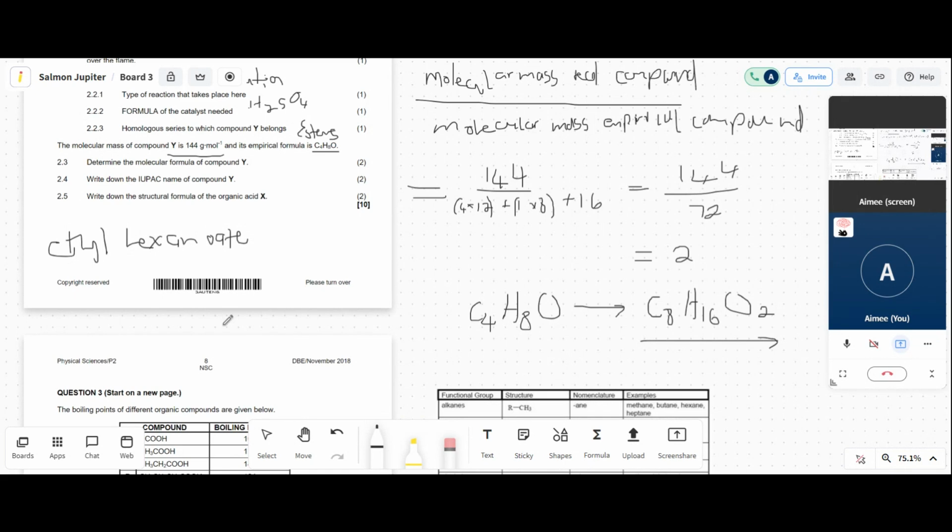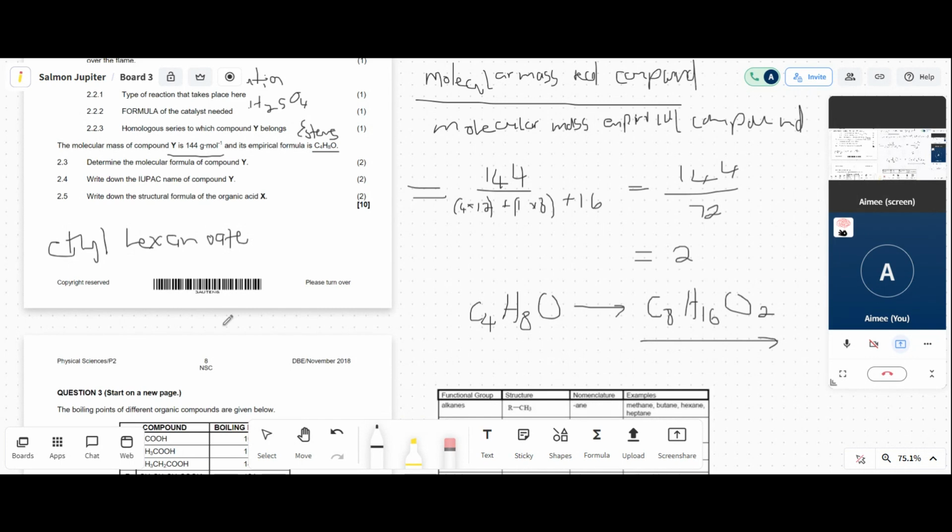Okay? And that's basically going to look something like this. Let me just make some more space. And that's going to look like this. We're going to go 1, 2, 3, 4, 5, 6, because we know that the prefix of hex means 6, and that belonged to the carboxylic acid because the ethyl or the other two came from the alcohol, ethanol.